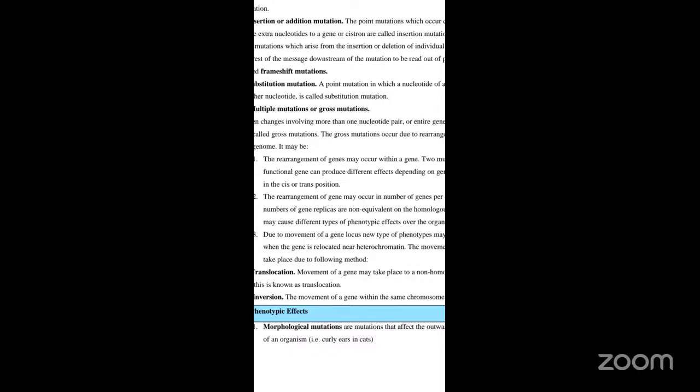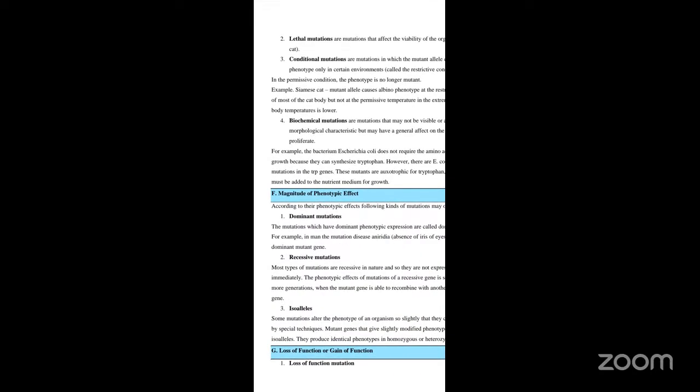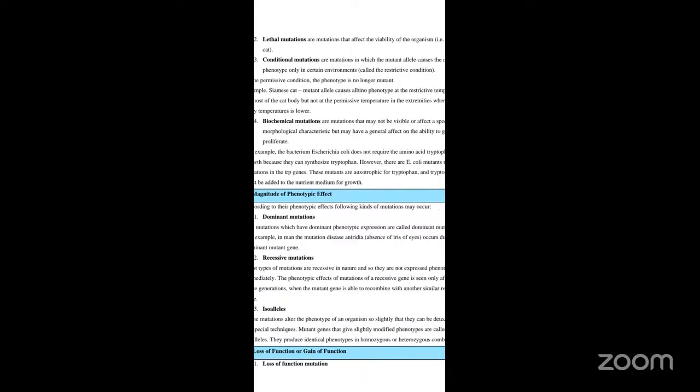Whatever part of the body is visible outside, it is called a morphological mutation. Then you have lethal mutations. Lethal mutations are the mutations that affect the viability of the organism.